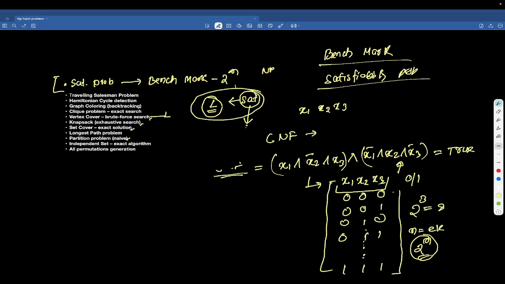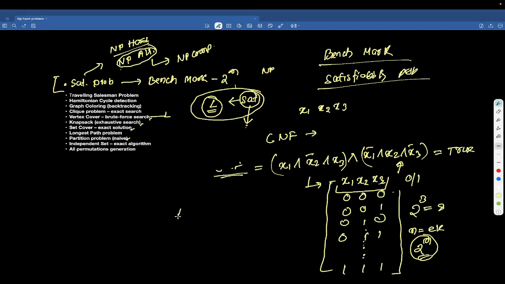One important thing is that the satisfiability problem is a well-known problem, and it is an NP hard problem. This is an established NP hard problem. Also, it has a non-polynomial algorithm to solve it. Since it has a non-polynomial algorithm, this problem is known as an NP complete problem.